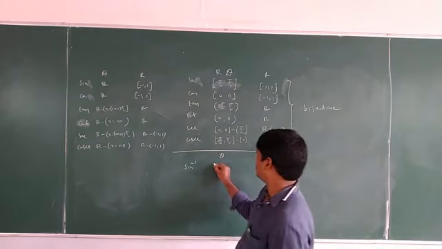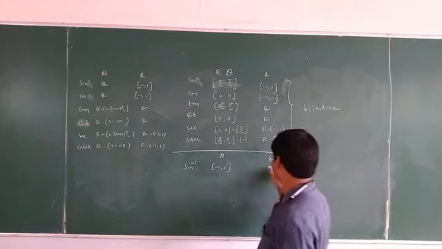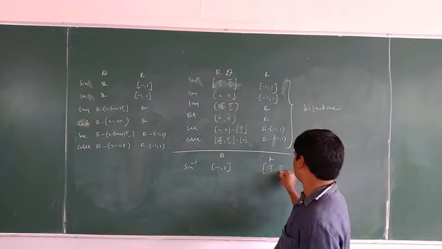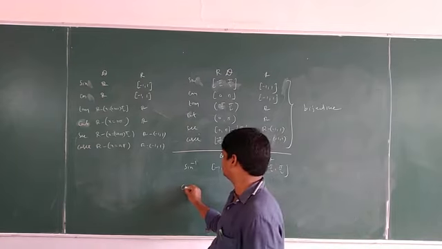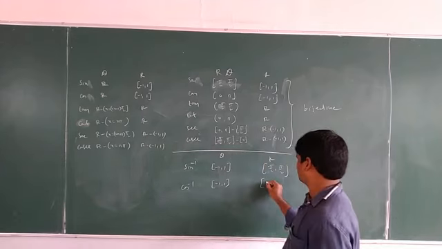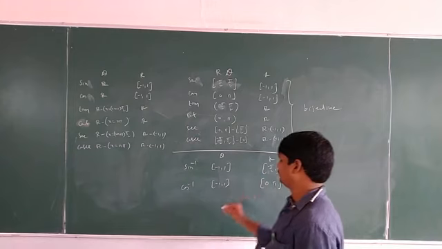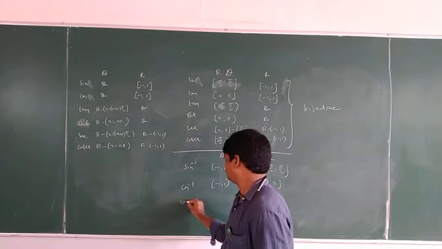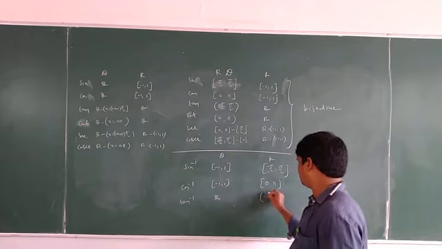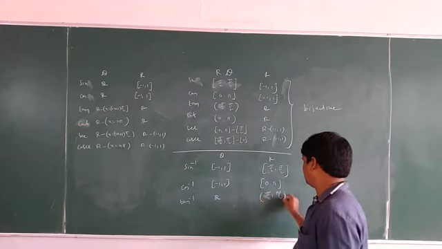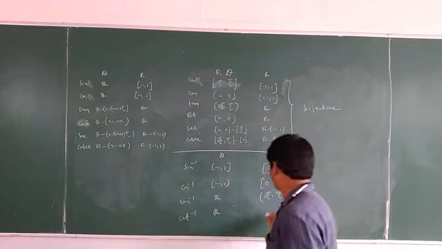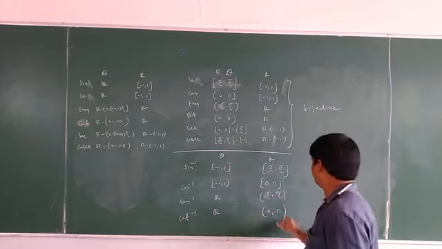That much only. So sin inverse: domain [-1, 1], range closed [-pi/2, pi/2]. Next, cos inverse: closed [-1, 1], range [0, pi]. Next, tan inverse: domain R, range open (-pi/2, pi/2). Next, cot inverse: domain R, range open (0, pi).